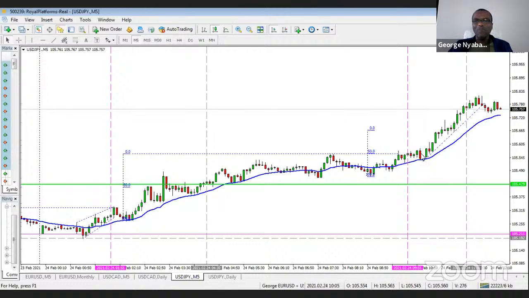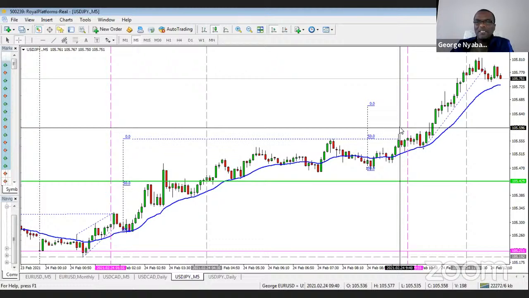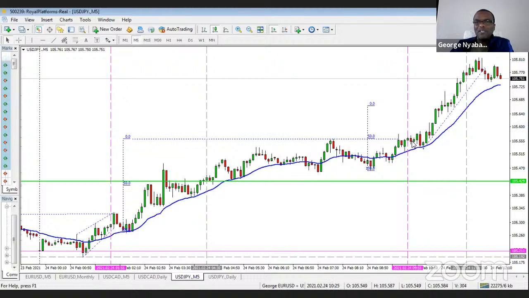Now, until the open of the European session, there, at the opening of the UK session. That presented an interesting problem for me, because the setup we had is a tight trading range to the moving average.